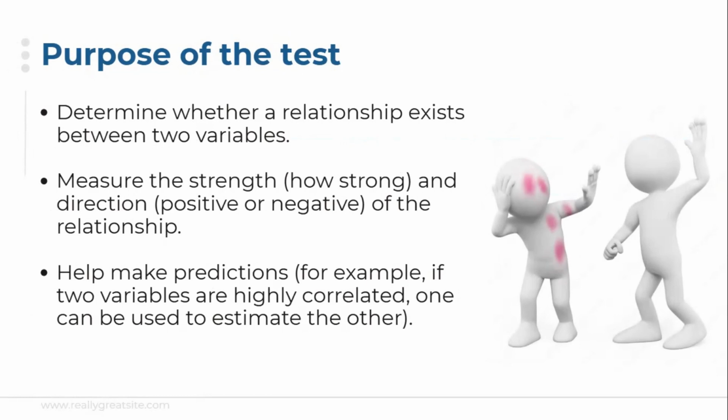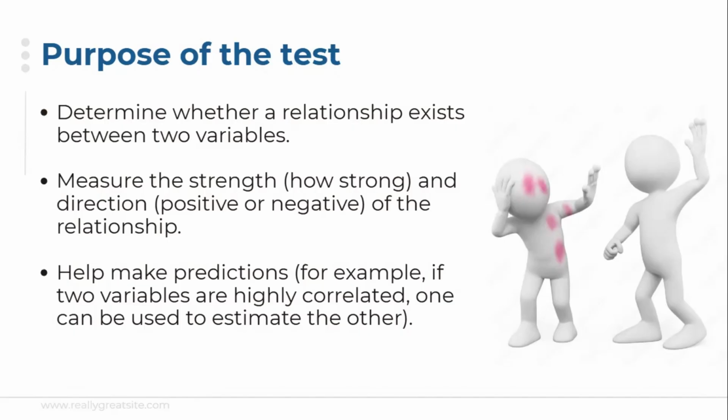We can also find that they are related, but if they are related, how strongly are they related? And that is purpose number two, to measure the strength and the direction of the relationship. And that is the most important purpose of correlation analysis.